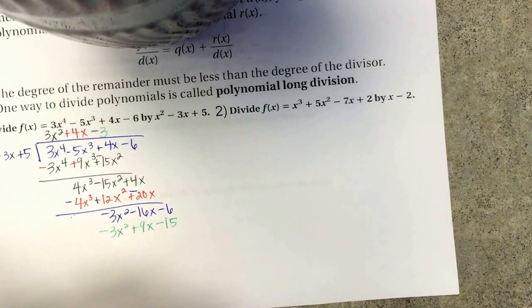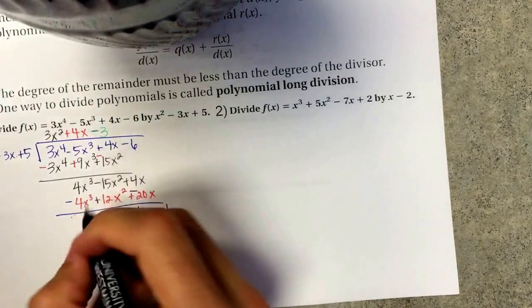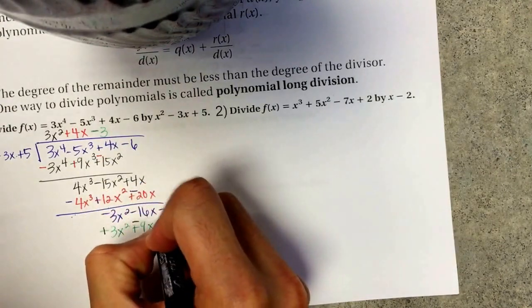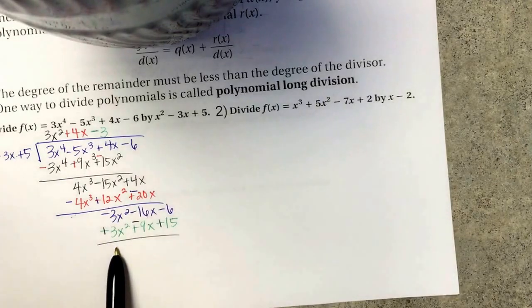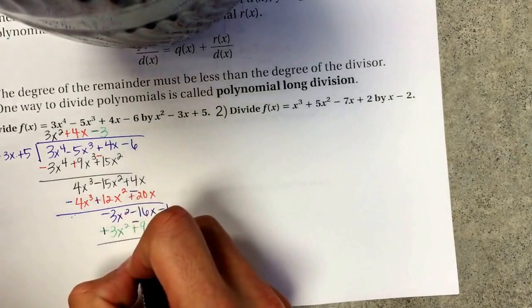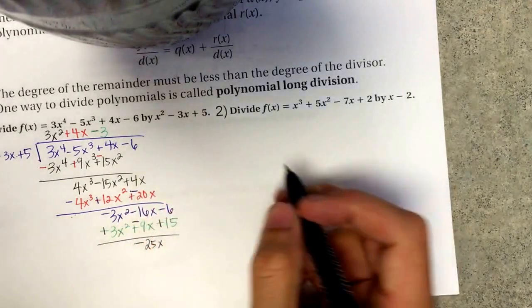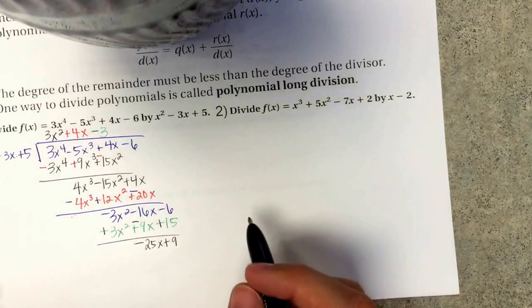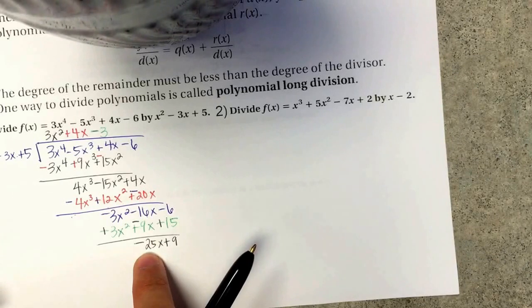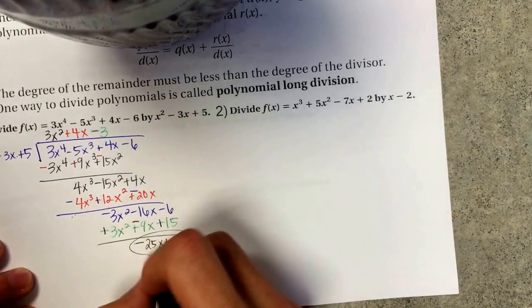Once again, we're going to change all of the signs. And we're just going to add the columns. First column goes away. Second column, I get a negative 25x. Last column, that gives me a plus 9. X squared no longer goes into this, so this is known as your remainder.